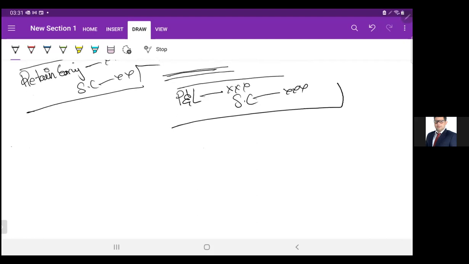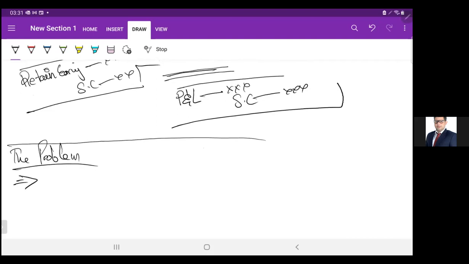So now the problem came into being. The companies, the organizations claimed, why recognize an expense when there is no price?